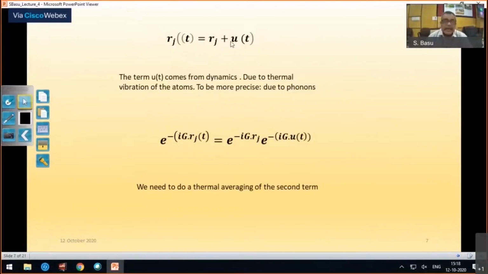At any time, there is a displacement around the mean. And you can write the position at any time t as Rj plus U.